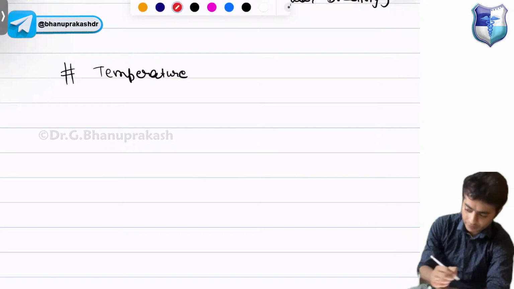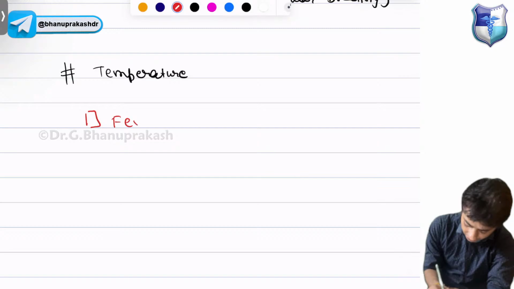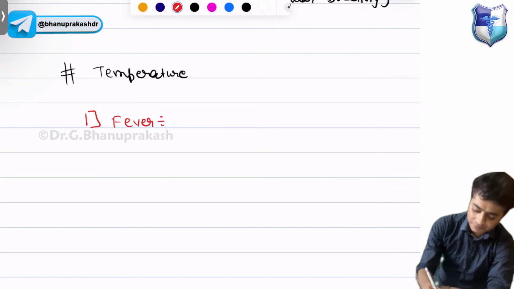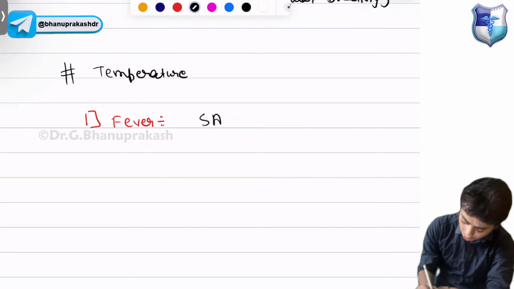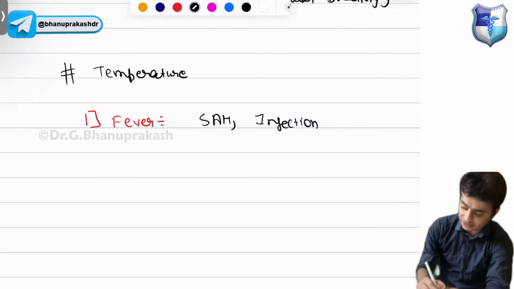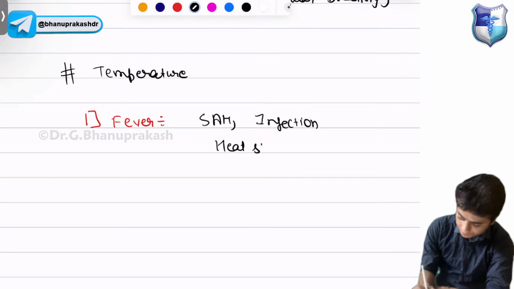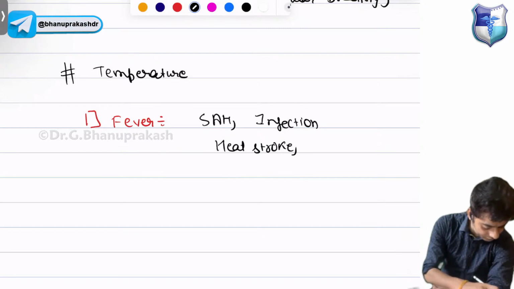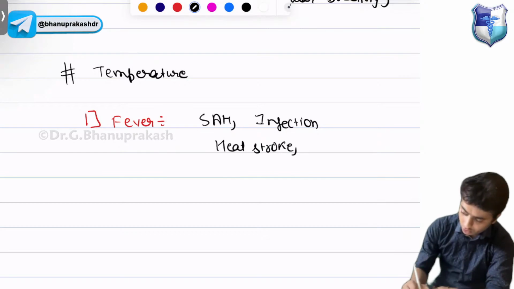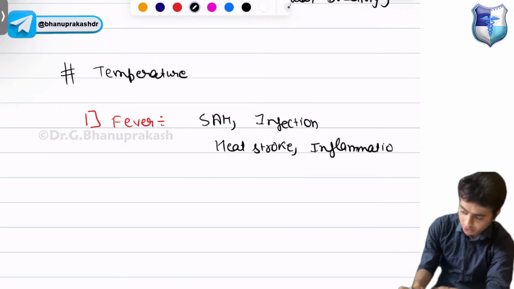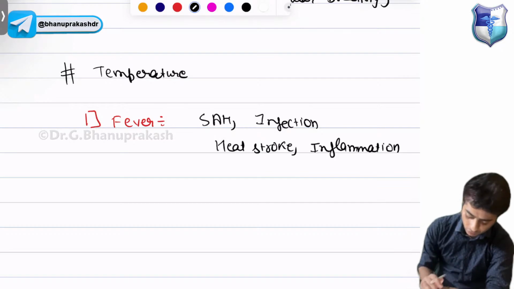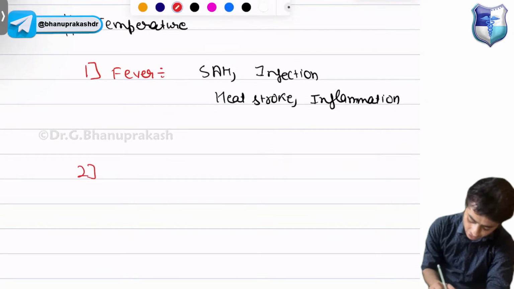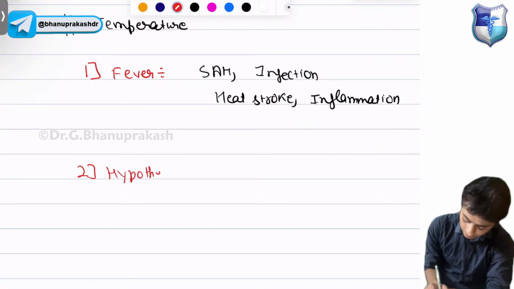Okay. In temperature, if there is fever, what will you suspect? You will suspect either a subarachnoid hemorrhage, an infection like meningitis or encephalitis, or heat stroke, or inflammation. Okay, everyone. Then after fever is hypothermia.